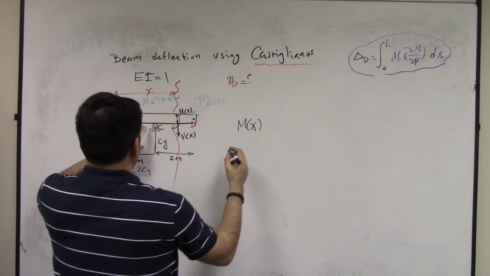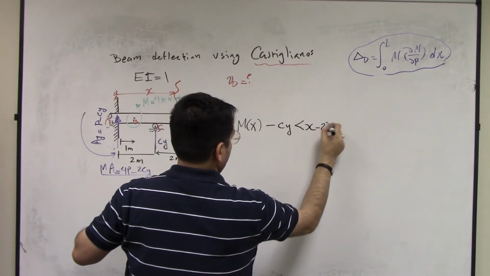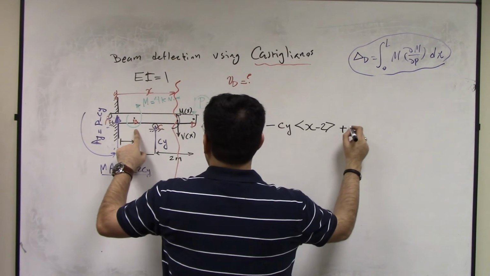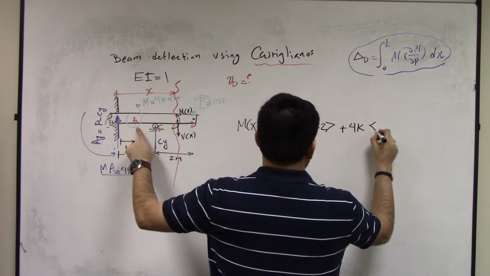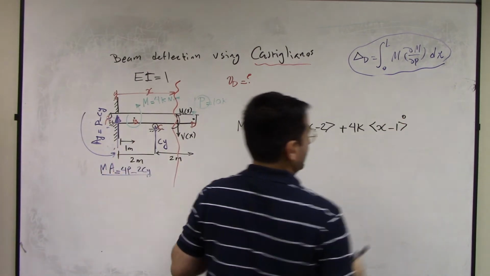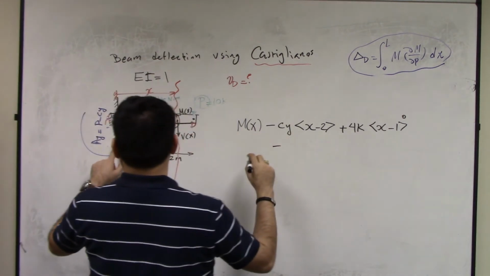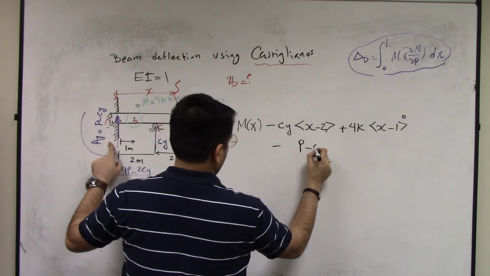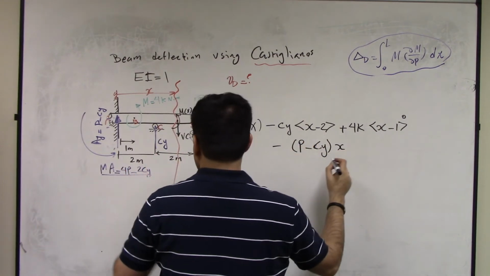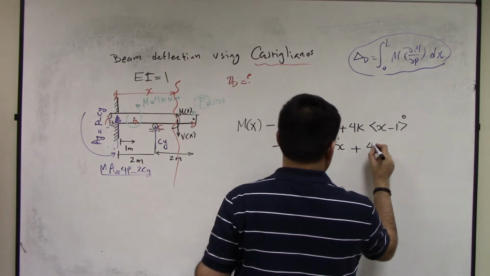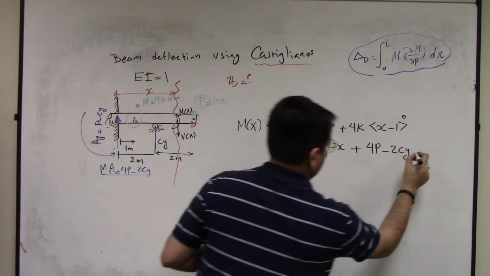Is Mx minus CY times x minus 2 Heaviside, plus 4k, right, times x minus 1 Heaviside power 0, right, negative AY, which is P minus CY, times x, plus MA. MA is 4P minus 2CY, is equal to 0.